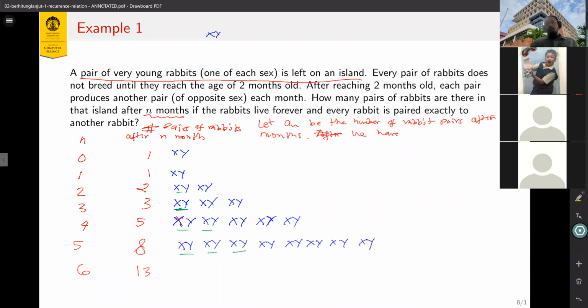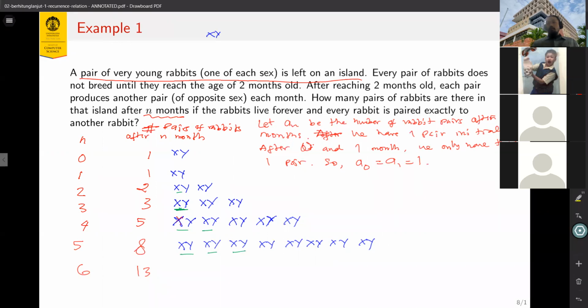How many pairs of rabbits do we have initially? We have only 1 pair. So after 0 months and 1 month, we only have that one pair. So a0 is equal to a1, which is 1.